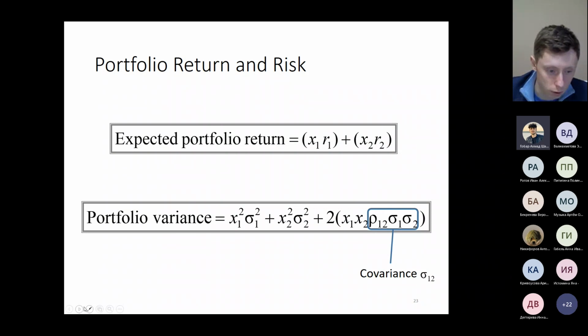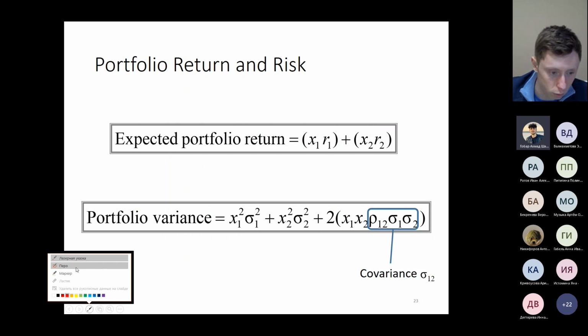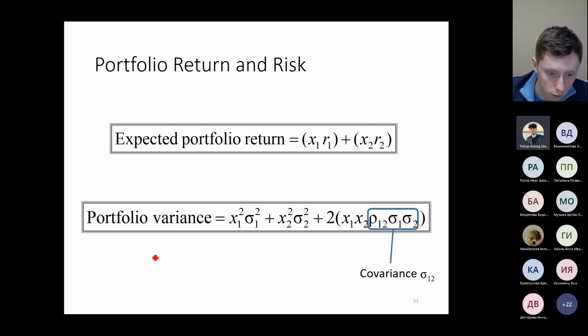So this, let me maybe draw it to you so you will recall it. This x plus y, squared, is equal to x squared.